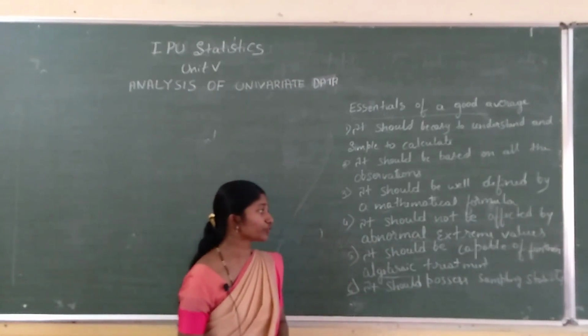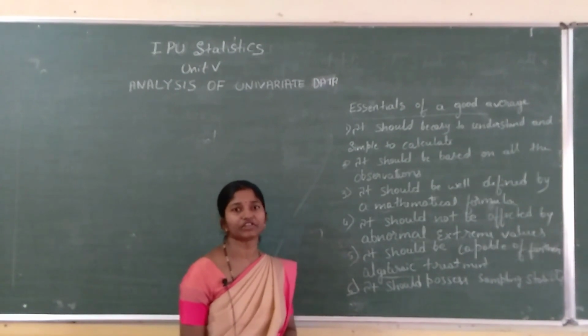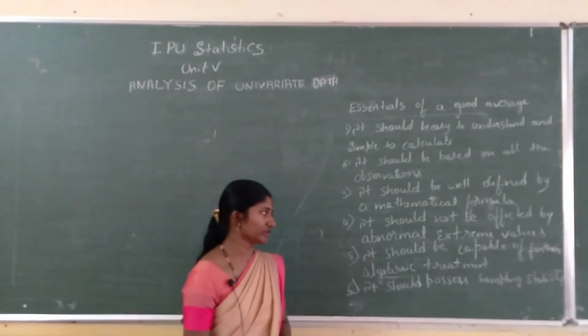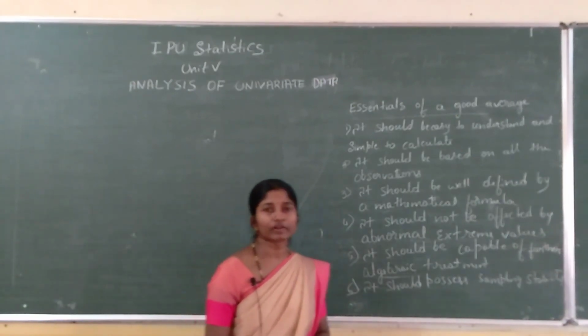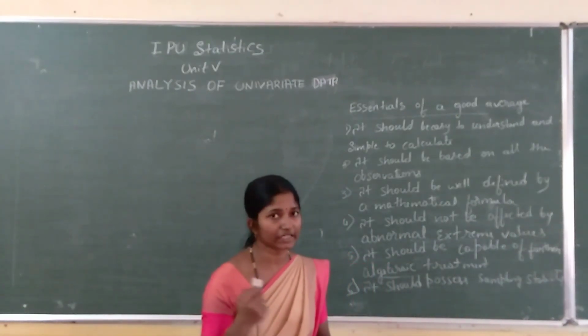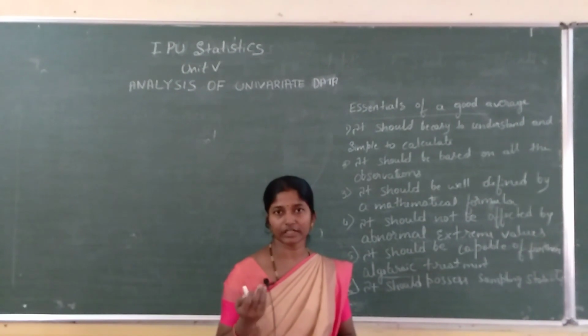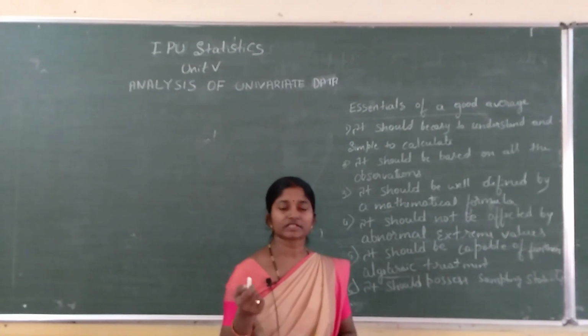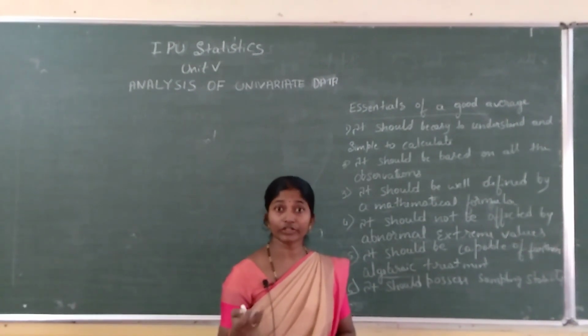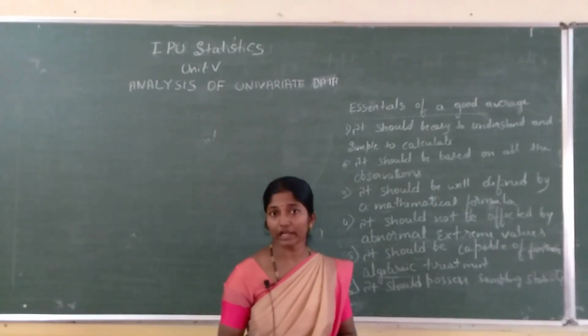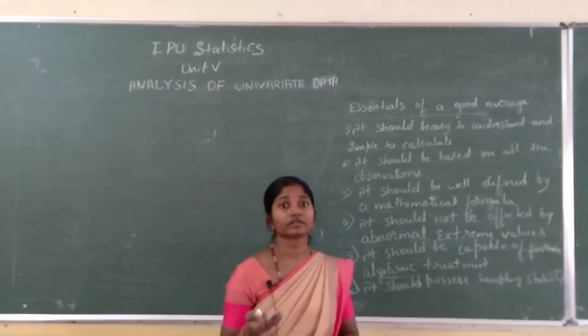Sixth one, it should possess sampling stability. For the calculation we need data. How do we find the data? By survey. Sometimes we cannot use all the values for the calculation. Therefore, we do sampling.